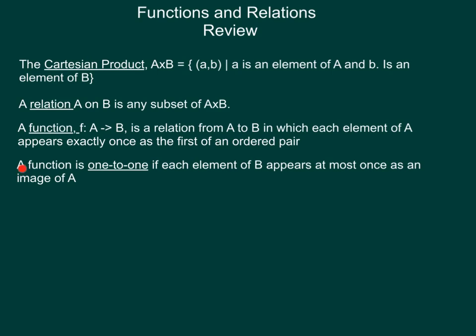A function that is one-to-one is a function where each element of B appears at most once as an image of A. A function is onto if the image of A is equal to the set B.